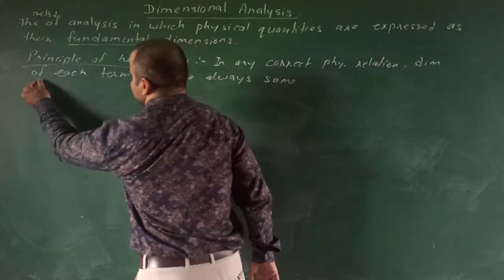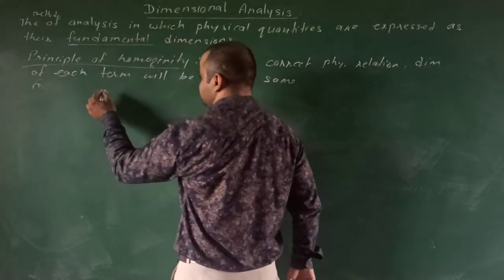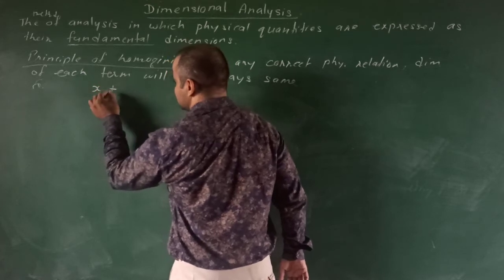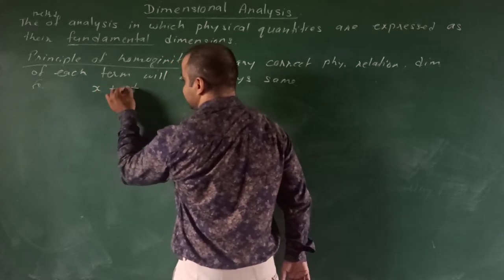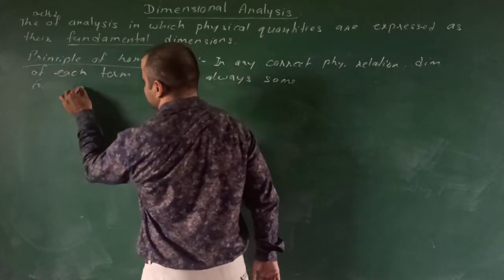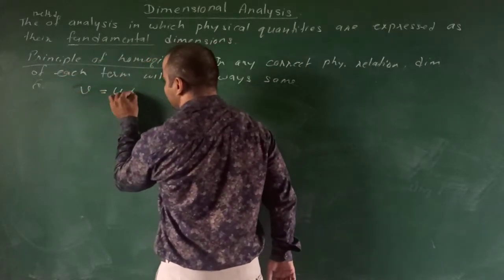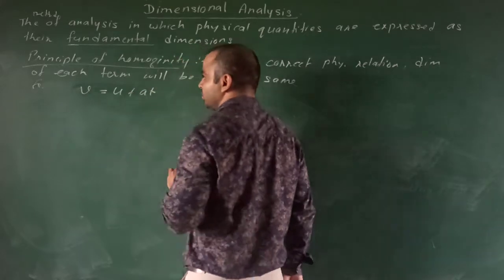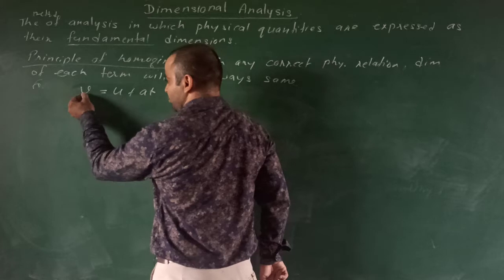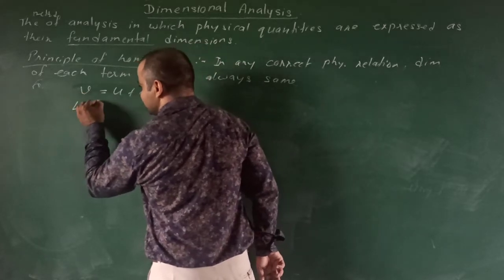For example, take any relation from kinematics, v equals u plus at. Find out the dimensions. Velocity is LT^-1.